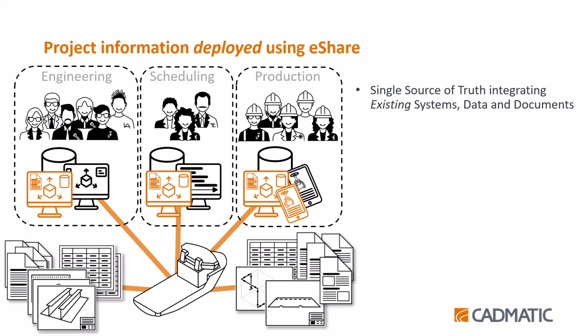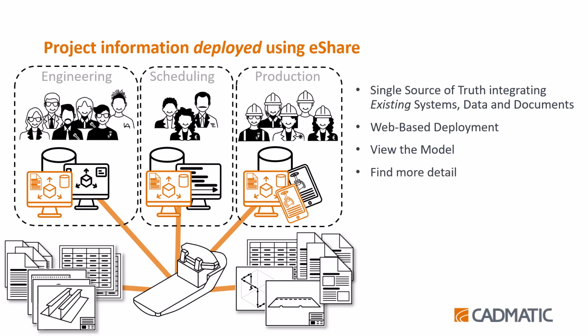So as I said, this is a single source of truth that primarily integrates existing systems. It doesn't create another data storage system, so it brings that data together. And this is a web-based system, so it's fairly easy to deploy. There's no installation. It can also be viewed on tablet systems. Engineers can view the model, and you can dig into more detail.